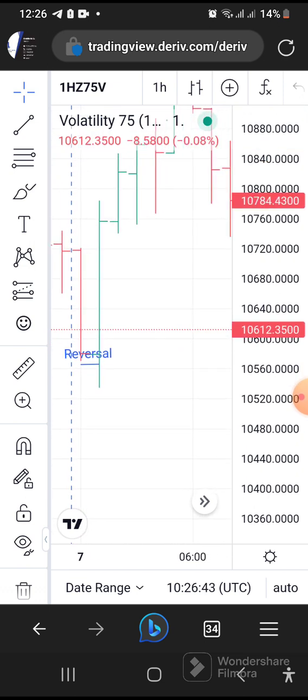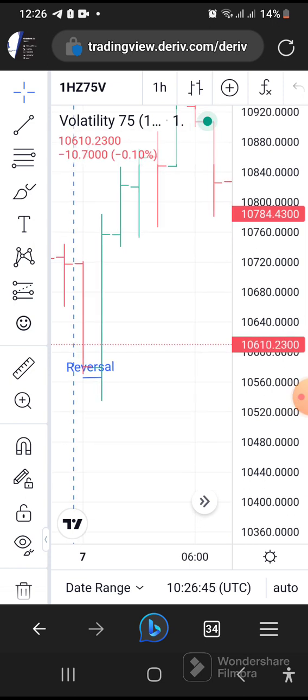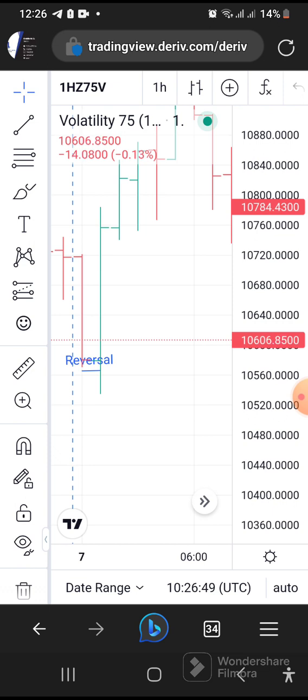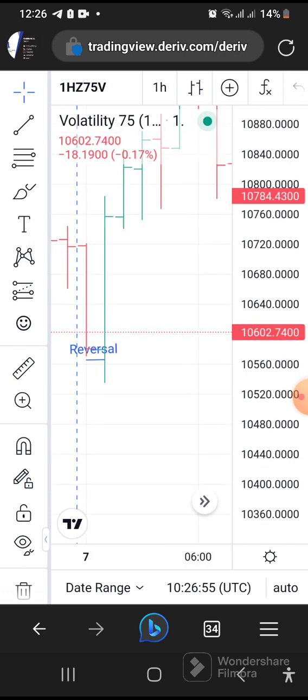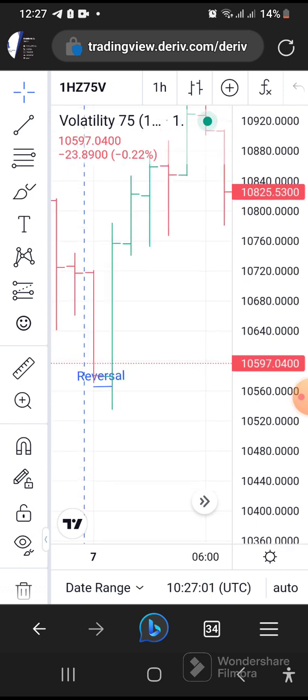And then we've got a blue bar or a green bar, which indicates to us a reversal, at which price was no longer opening high and closing low, but instead opening low and closing high. What do we mean by this?